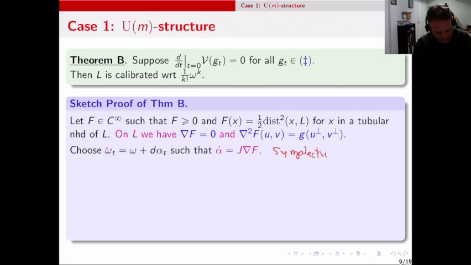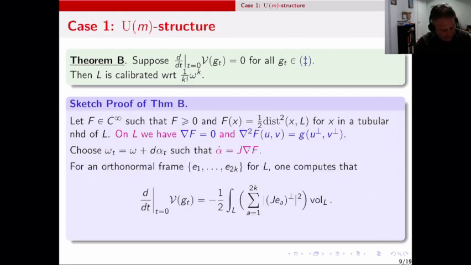We take the gradient of f and we rotate it by j. If we do this, then you can just calculate, using an orthonormal frame, that the time derivative at time 0 of the volume functional for this one particular variation turns out to be exactly this.